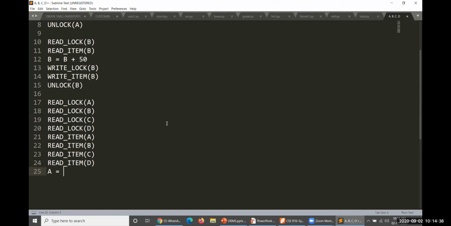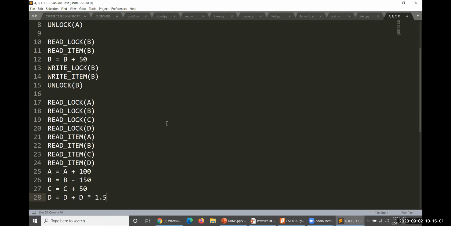So A will be equal to A plus 100. Of course, I'd like to write a generic kind of thing. B will be equal to B minus some 150, then C will be equal to C plus 50, and then D will be equal to D plus D into 1.5 percent, something like this.